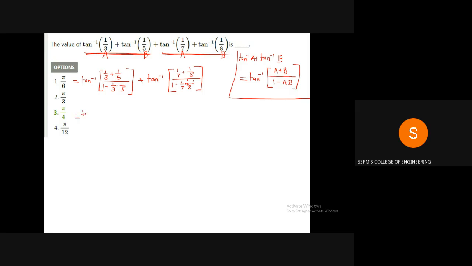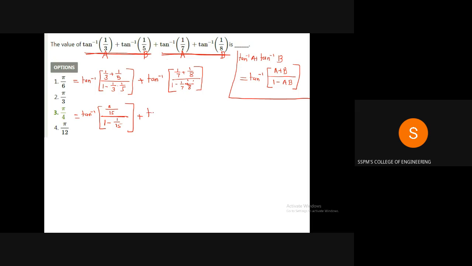So if we solve this, we will get tan inverse of, what is 1 by 3 plus 1 by 5? It is 5 plus 3, it is 8, divided by 5 into 3 which is 15, whole divided by 1 minus 1 upon 15.